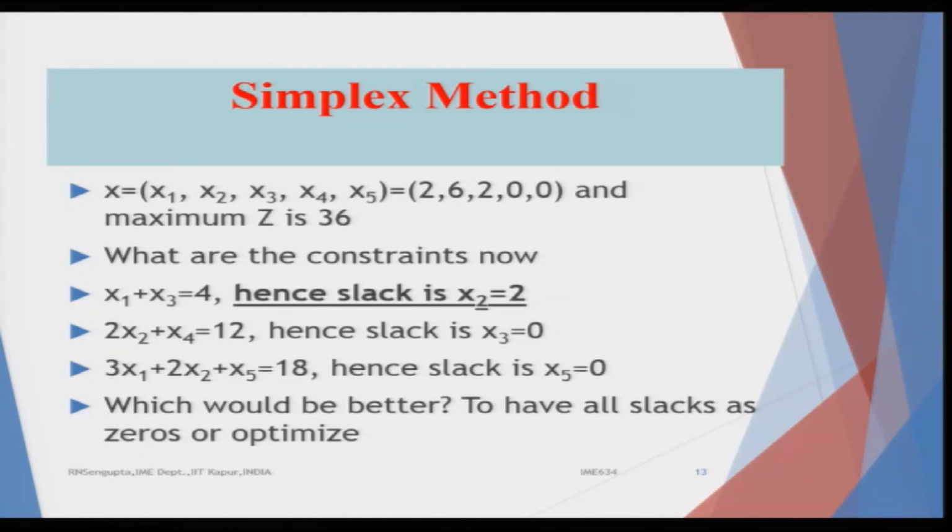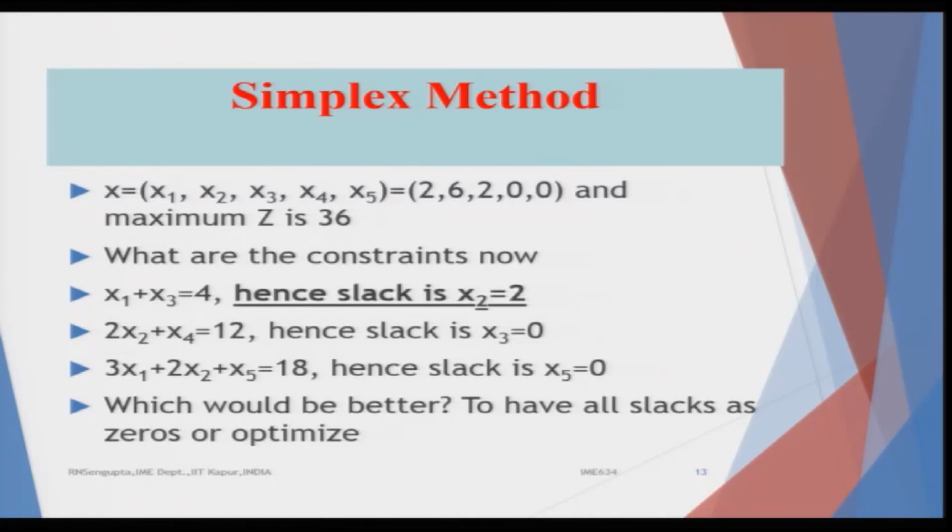From plant 1 you have produced, say, 2 kgs, 2 tons, 2 billion tons, whatever it is, and the extra left amount would be 2, which is coming from the slack. So, plant 1 is not operating up to capacity, because there is still some material unutilized. Now, let us come to the second constraint.